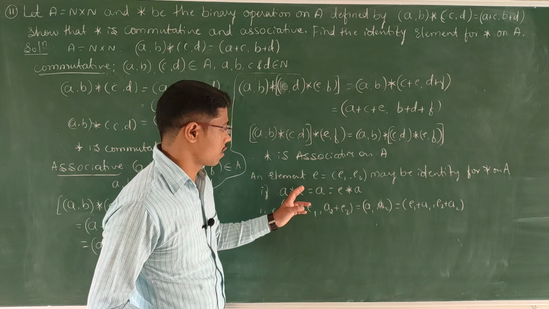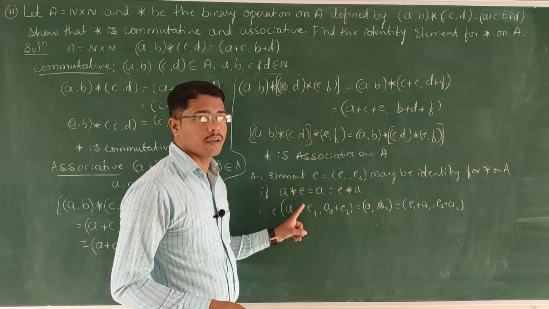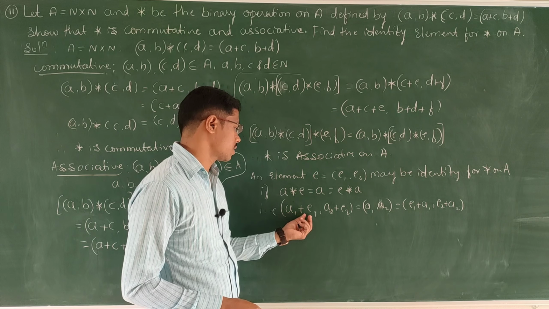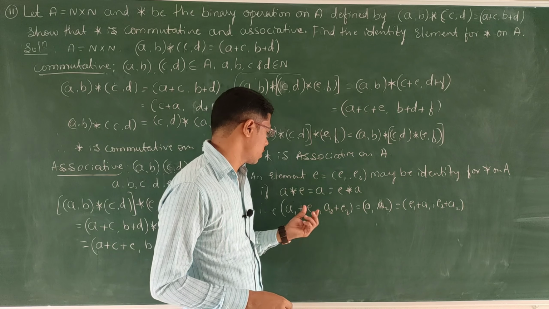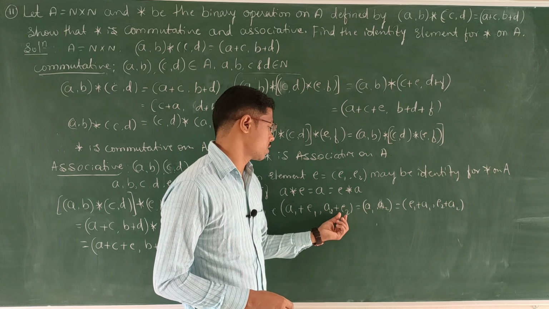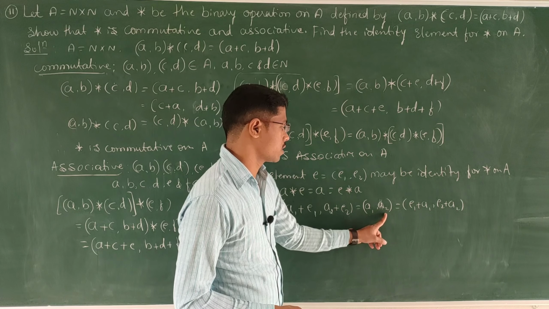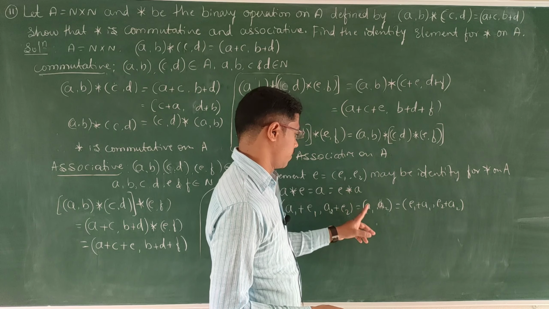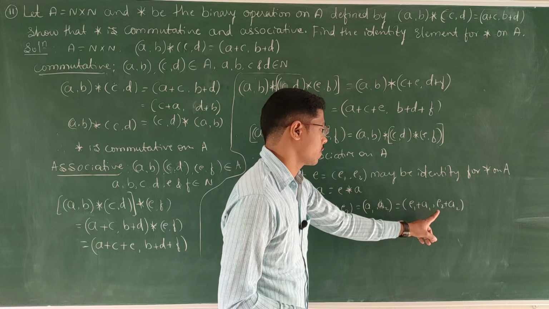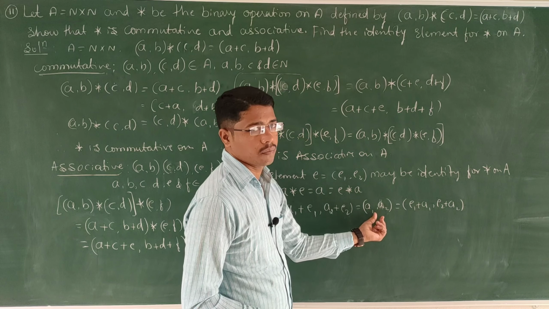So according to the definition of identity element, I wrote using the Cartesian product: a star e gives (a1 plus e1, a2 plus e2), which should equal (a1, a2), and the reverse gives (e1 plus a1, e2 plus a2).